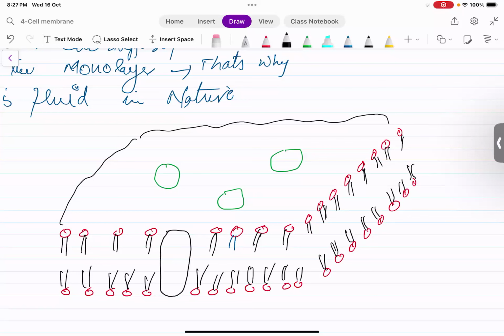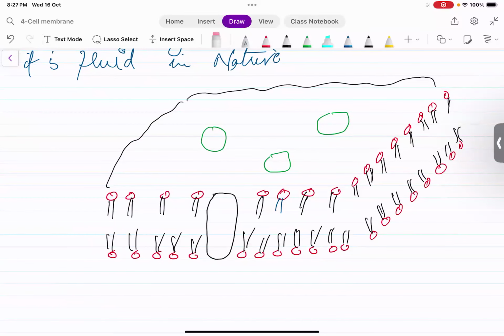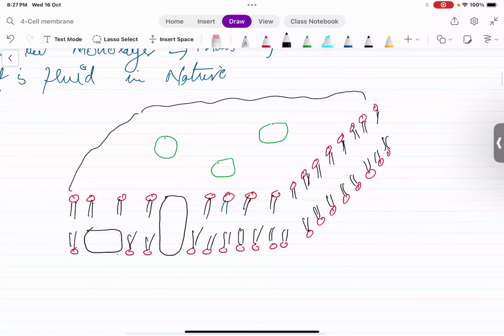And some proteins are spanning only the internal layer. And some proteins are present in the external layer. And they're scattered within this phospholipid bilayer. So that is why this is known as mosaic.